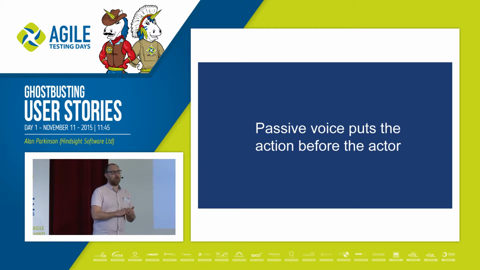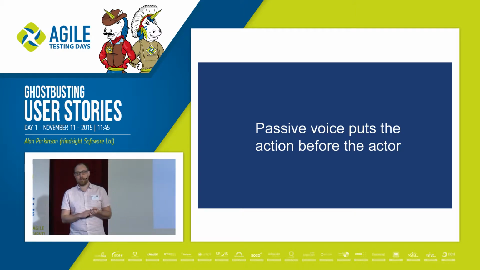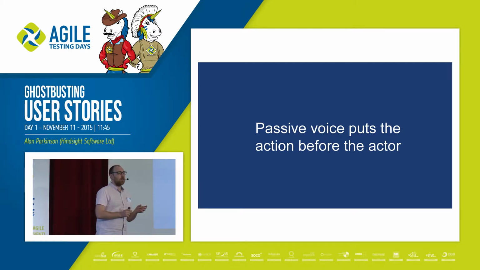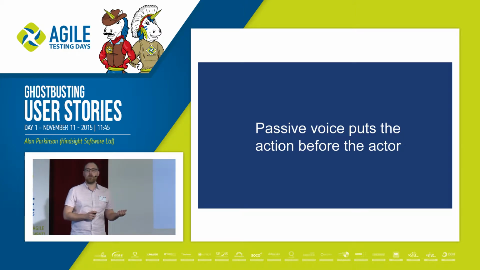So the verb goes before the actor. This has a consequence. It quite often means you can write a sentence where you don't mention the actor. The actor is completely implied in the sentence. That's how they get buried. That's how it's buried in the user story. That's how it's buried in the scenario.